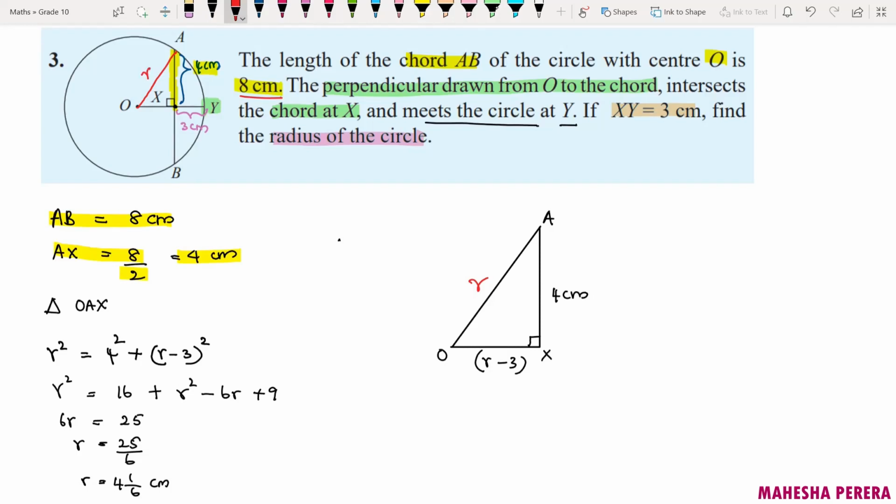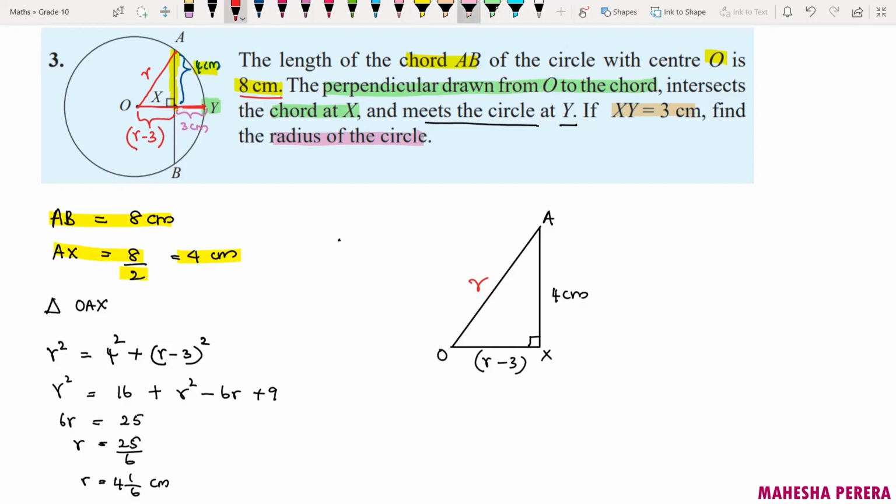Now, if you take this length, what is this? This is again the radius. Now, we know that this length is 3 centimeters. Then what about the length of OX? It should be R minus 3 centimeters, right?